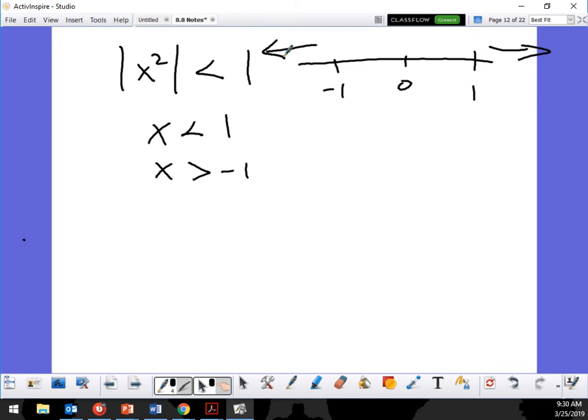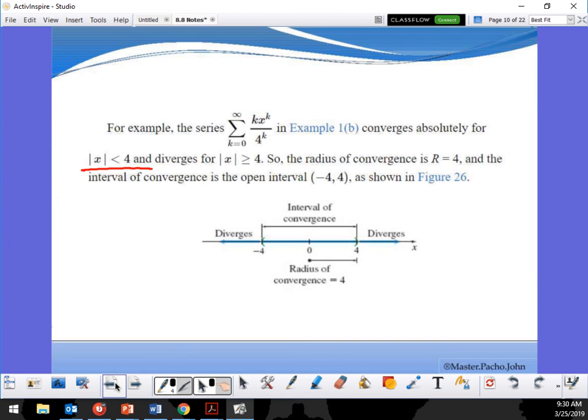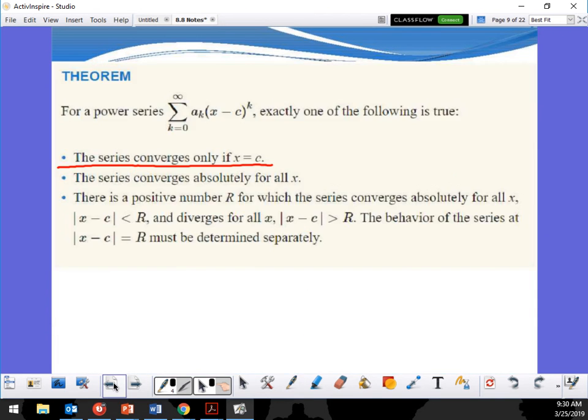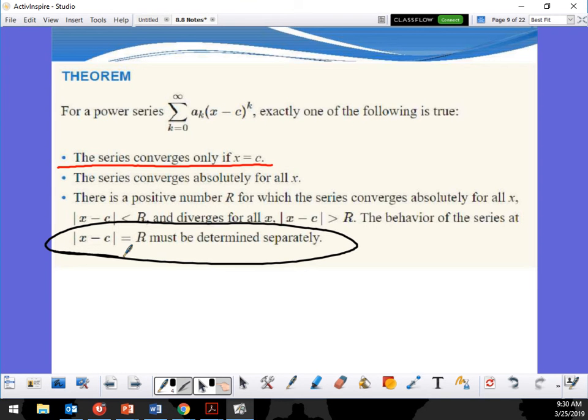The radius of convergence? Okay, where it's equal to that is where I need to test.